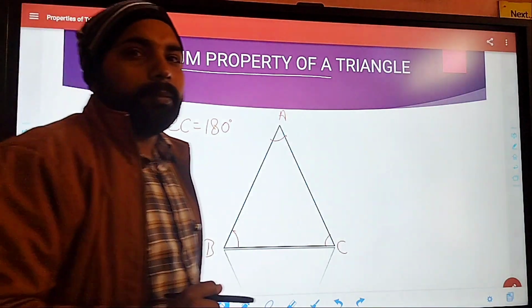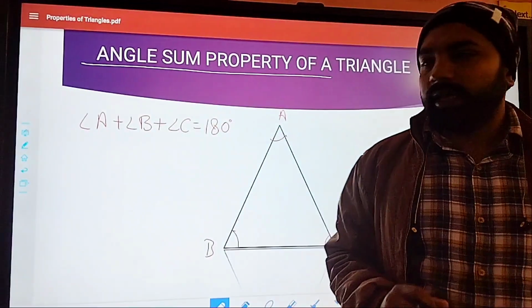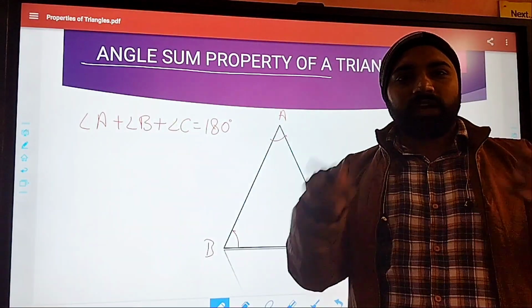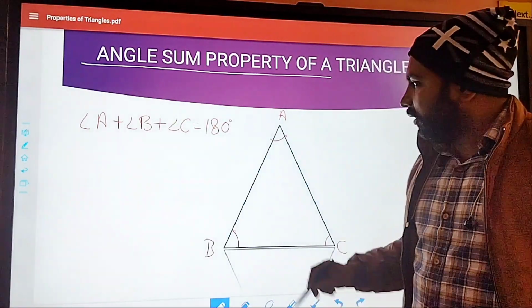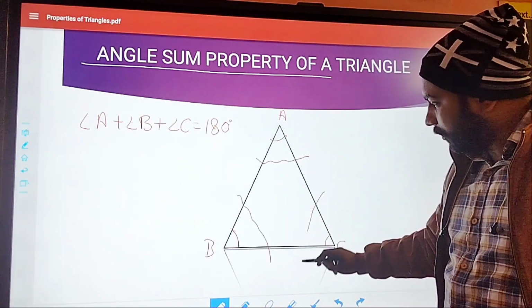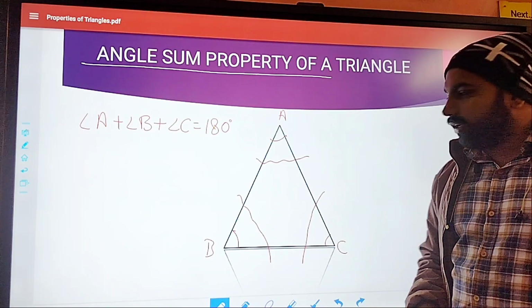You can do it practically. You can perform an experiment. You can take a cutout of a triangle on a paper, then you can tear apart these angles, the corners of the triangle.